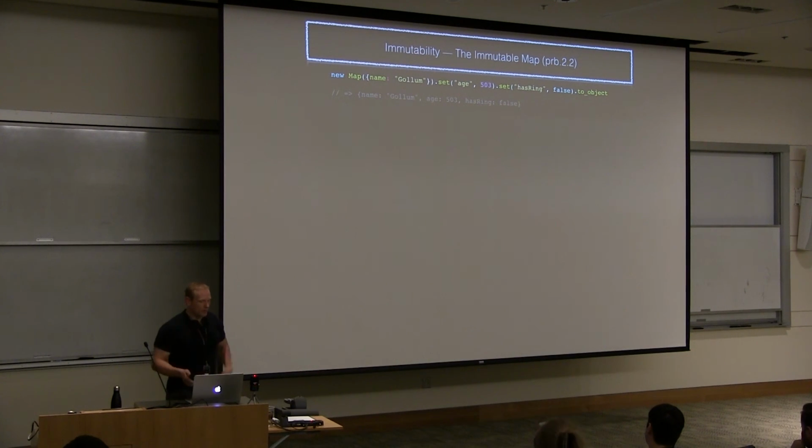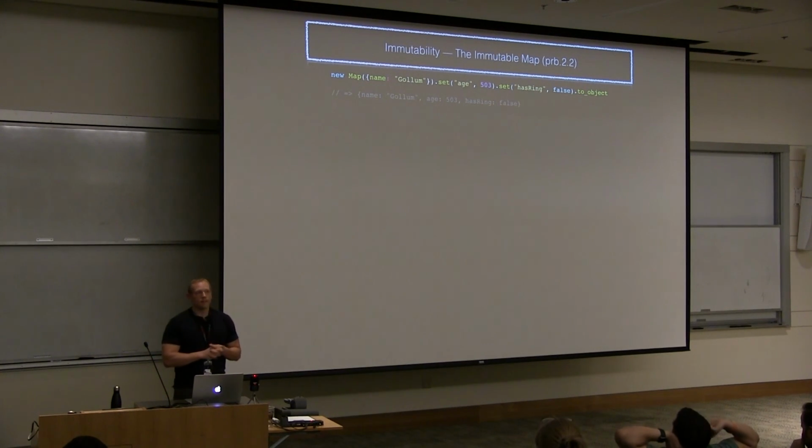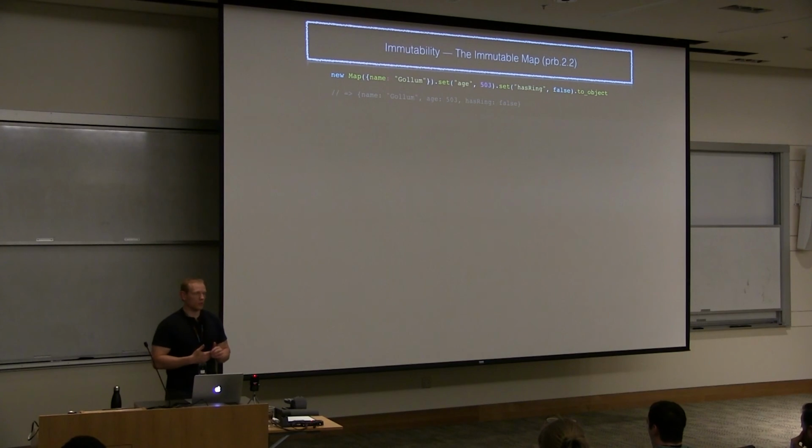We can create a map, set a name, set an age, set a hasRing value. We can convert it with toObject, and what do we have? A pure value from pure functions. Now this class suffers from the same problem as the last one. It's actually not a pure class, but the methods give us exactly what we want.